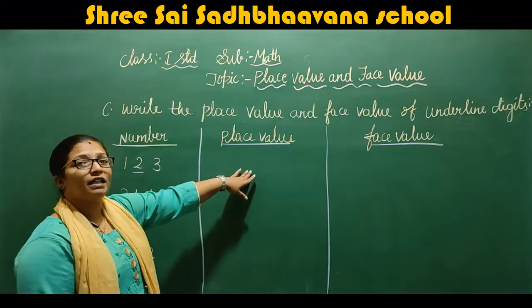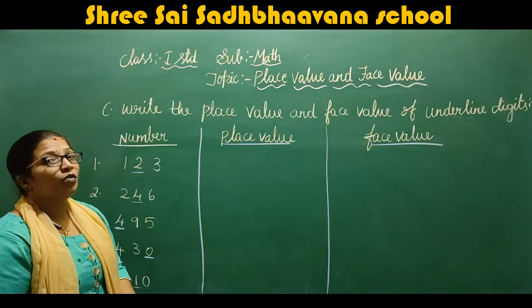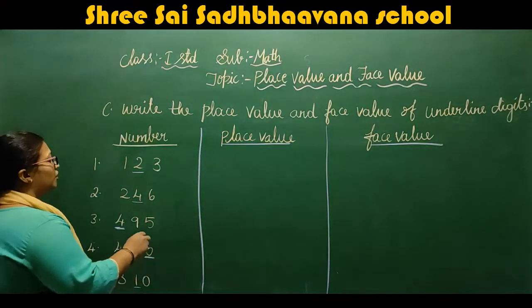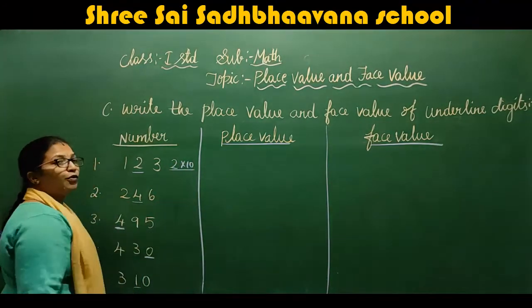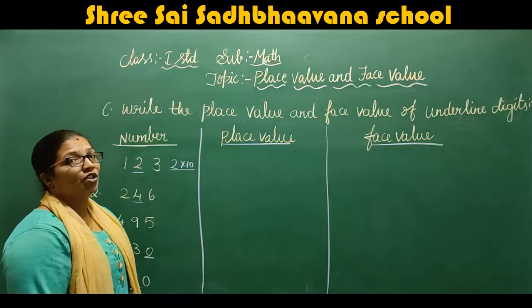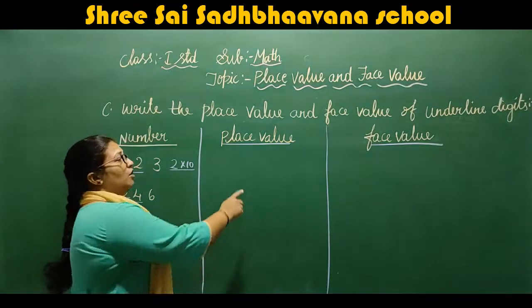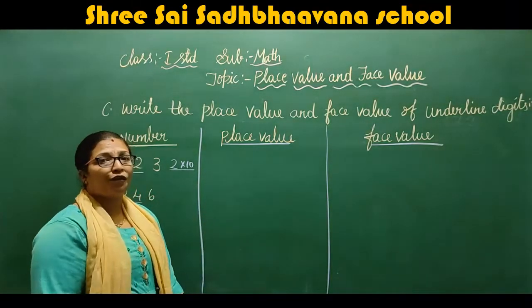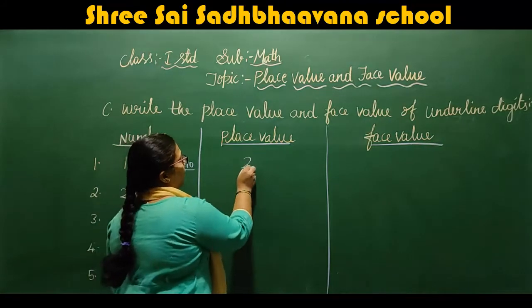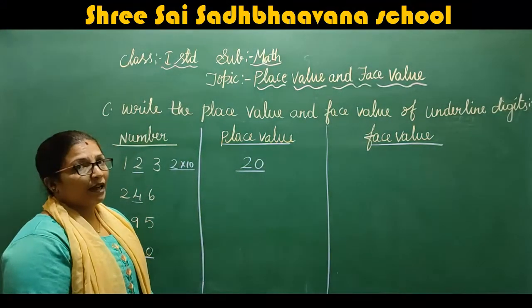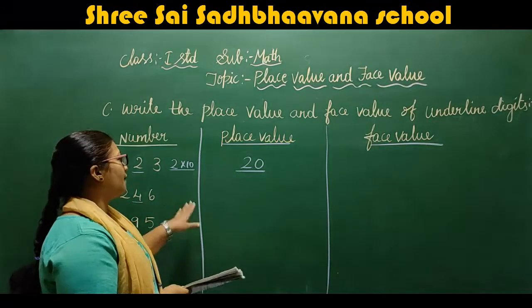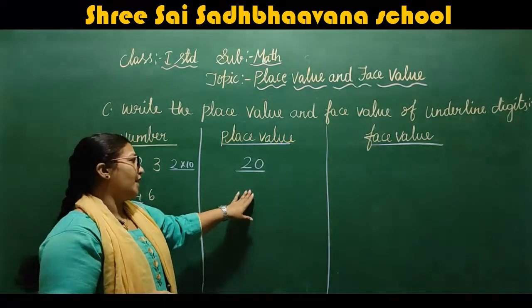What will be the place value of 2 here? 2 into 10. 2 tens are how much? 20. Right. So the place value of 2 is 20.